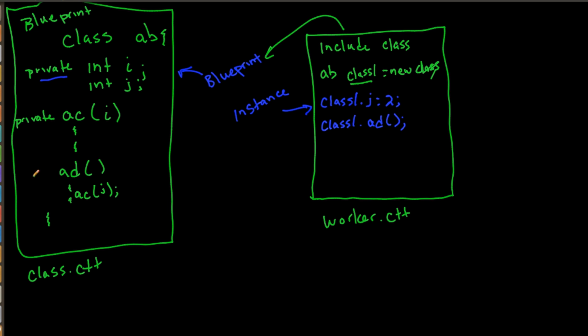We can have accessor methods that let us get to this value through a function instead of modifying it directly. A good example would be a Social Security number. I don't want you to be able to set the Social Security number to Bob. I want to have some checking in there to make sure that it's numbers and dashes and that it's in the right format. So I could have a function that sets that variable, and you have to call the function to set and get that particular variable.